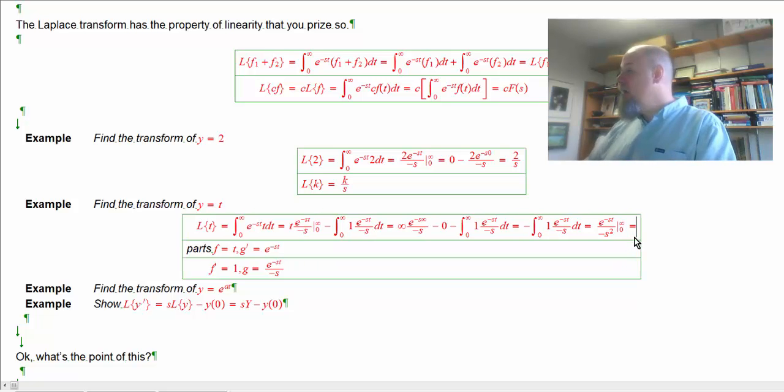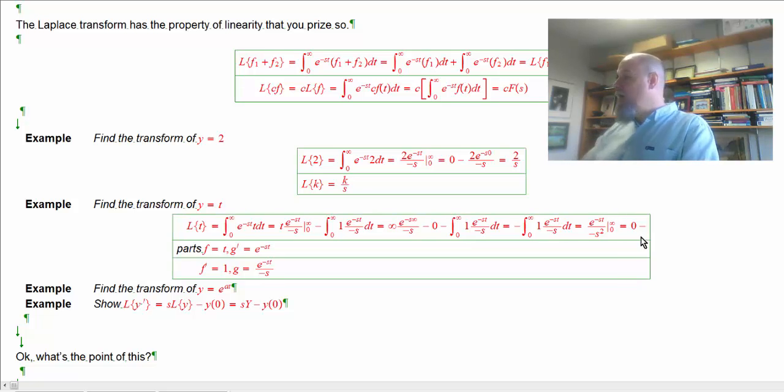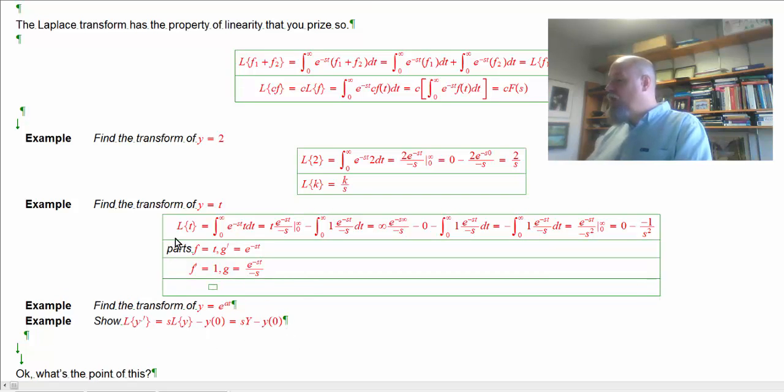When I sub in the top, every time I sub in infinity, I'm getting 0. Same argument. Minus sub in the bottom, which is my minus 1 over s squared. All right, long story short then, the Laplace transform of t is equal to 1 over s squared.